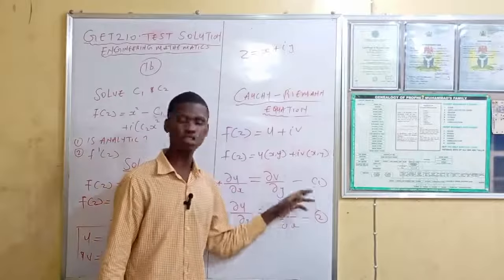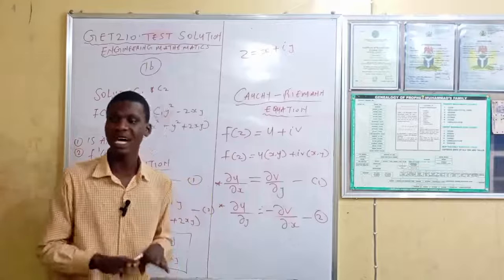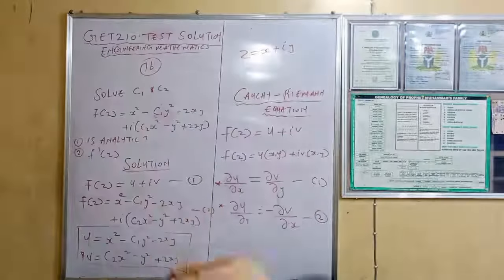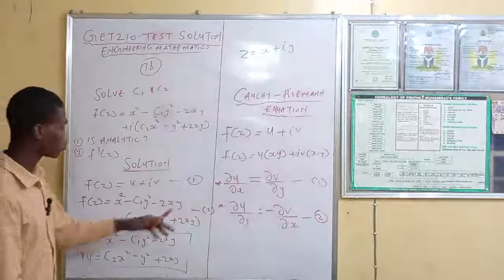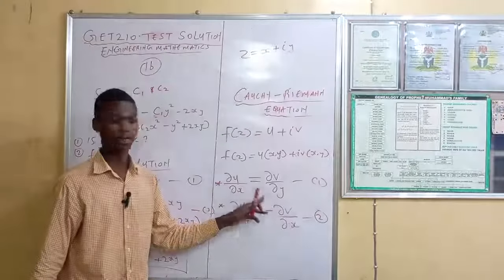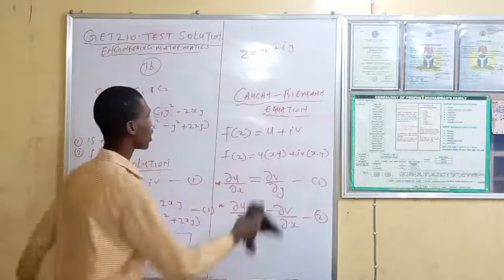Hence, if these two conditions are satisfied, it means the given function in that case is an analytic function. Are we together? So that's all we need to know under Cauchy-Riemann's equation. Now back to this question. Please, you can take note of this first condition and second condition, because that's what we are going to use.